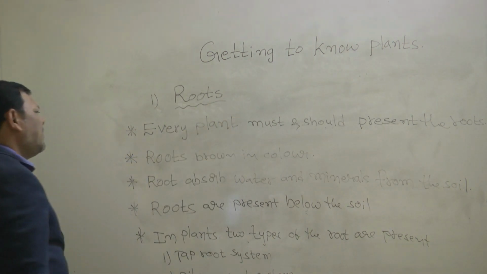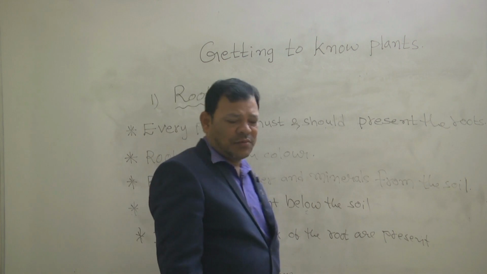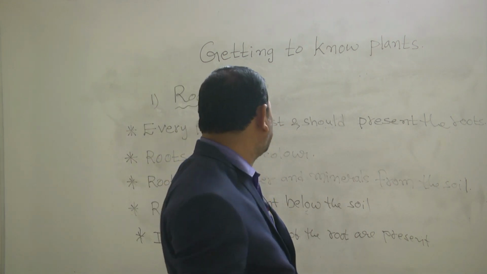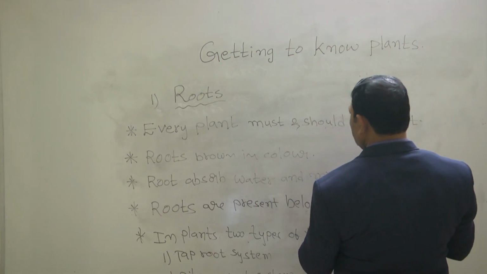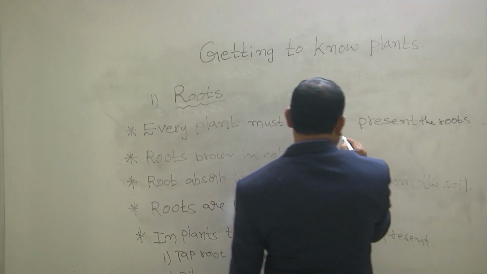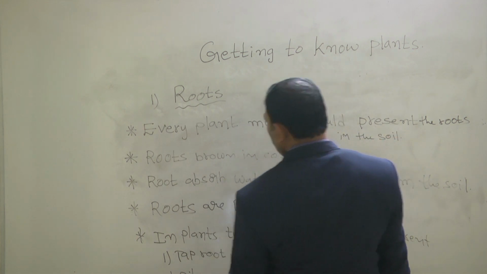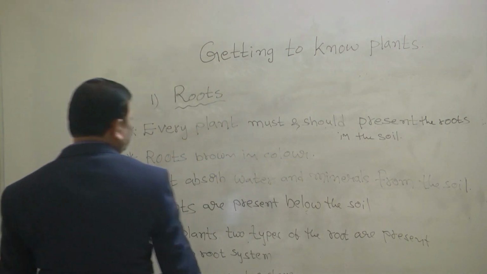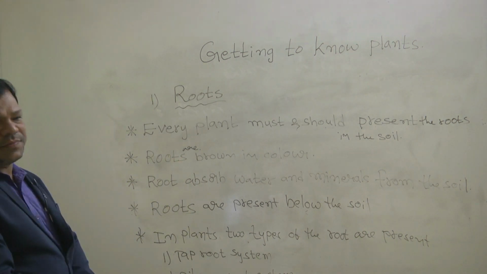Every plant must and should have roots in the soil. Next, roots are brown in color.